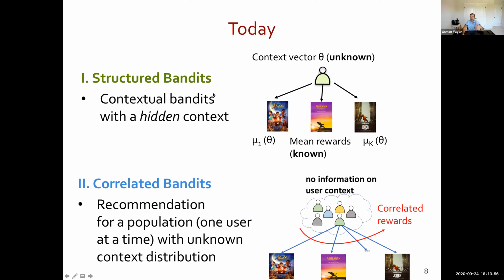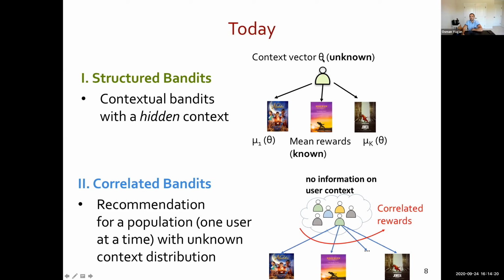So in the contextual case, you were seeing people's private information, but you didn't have any idea about how this private information may be mapped to different movies, and you wanted to learn that over time. In the structured bandit case, the problem is switched in the sense that you are doing, in some sense, a privacy preserving recommendation. So you don't want to know people's private information.